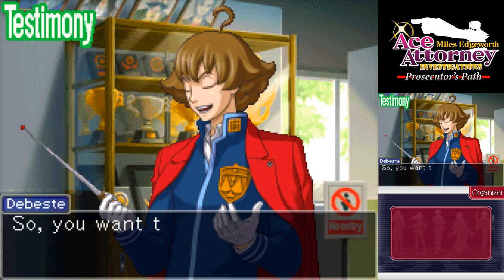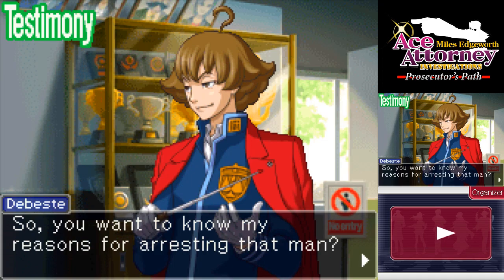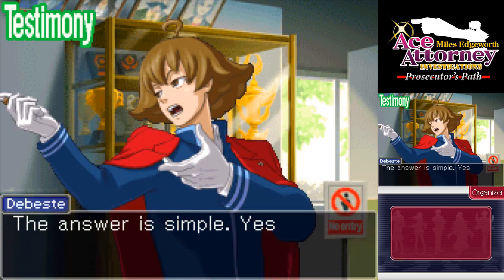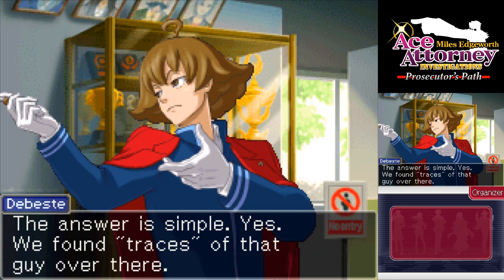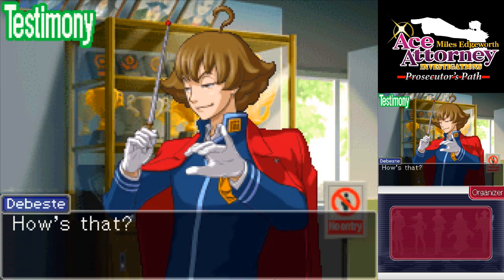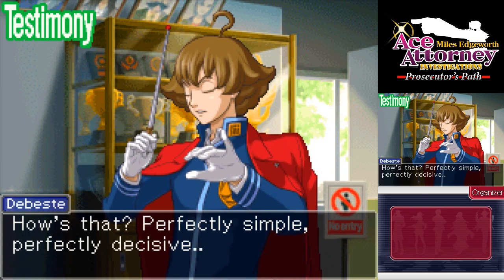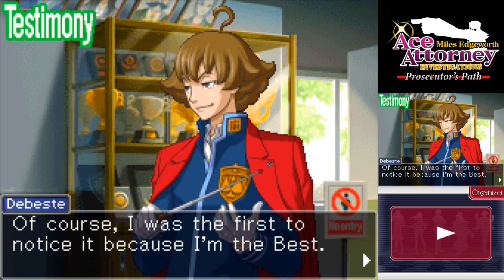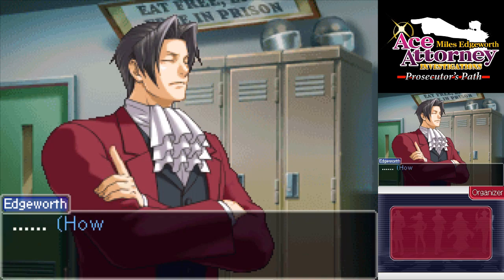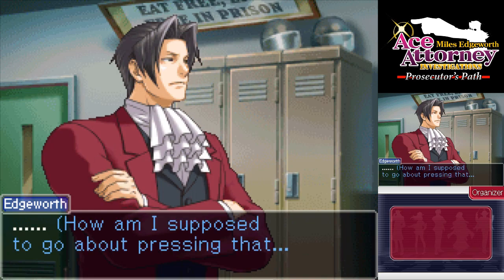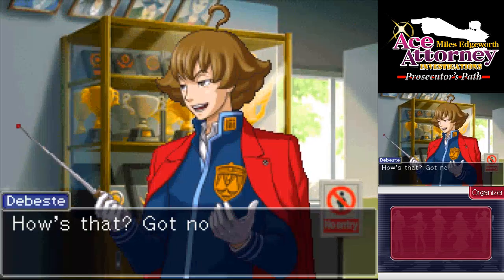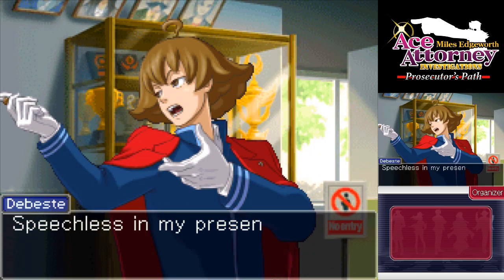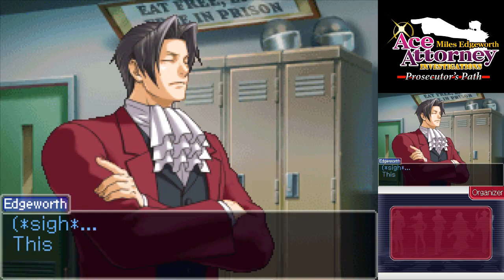Reasons for arrest. So, you want to know my reasons for arresting that man? The answer is simple. Yes, we found traces of that guy over there. How's that? Perfectly simple, perfectly decisive, right? Of course, I was the first to notice it because I'm the best. How am I supposed to go about pressing that? How's that? Got nothing to say? Speechless in my presence?